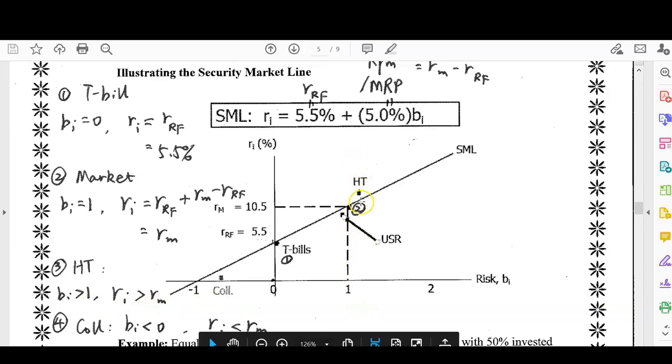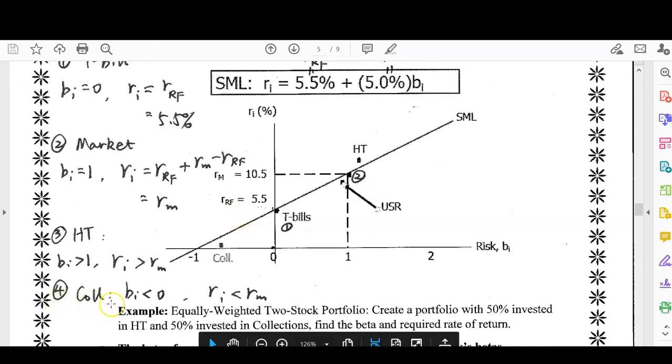Case 4, collectibles, beta is negative, so Ri is smaller than Rm. Collectibles is here. So here is the security market line.